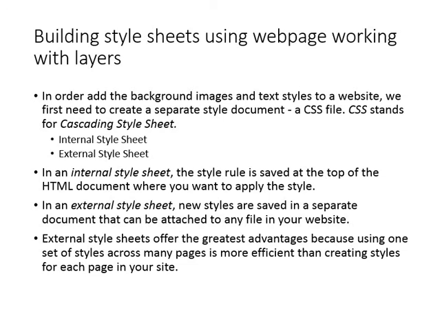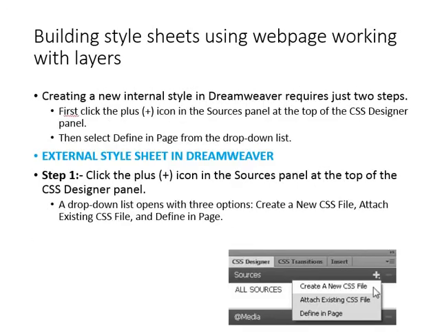Internal styles is nothing but writing the styles in the head part with the style tag. External style sheet is when I link a separate CSS file into my HTML document. So we have a tab called CSS Designer, which is to create a style sheet, working with layers.